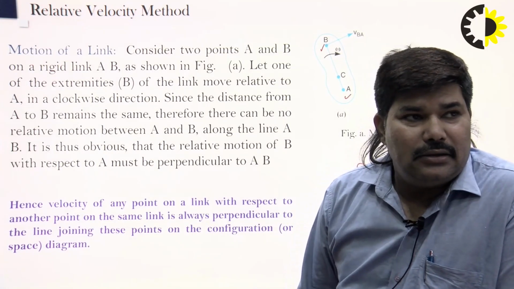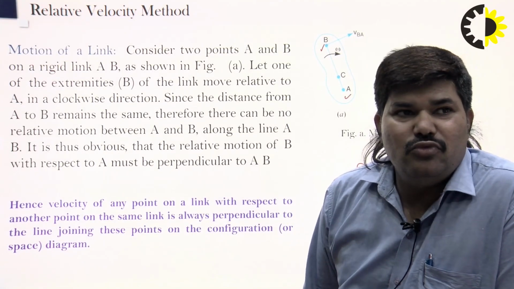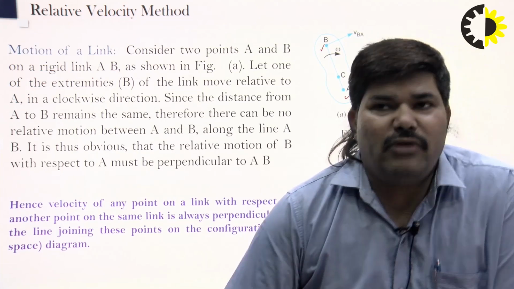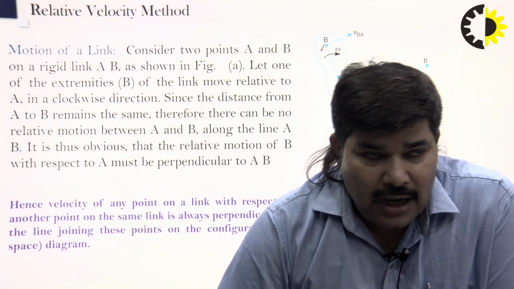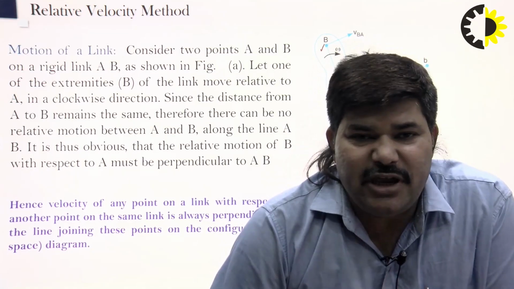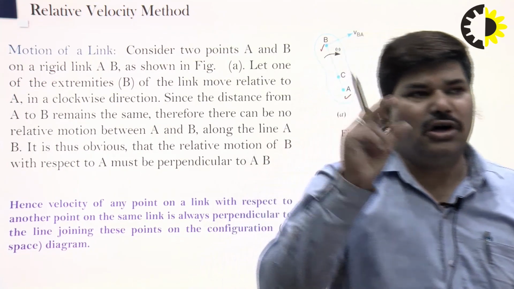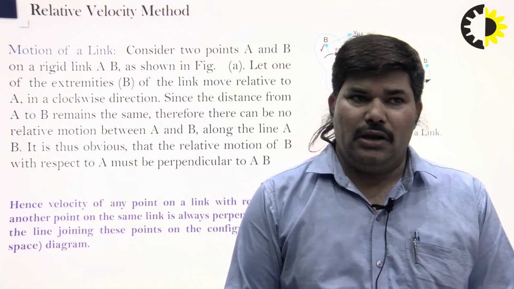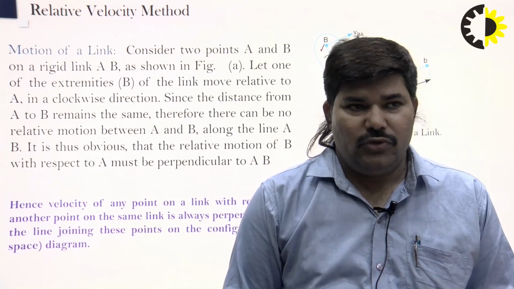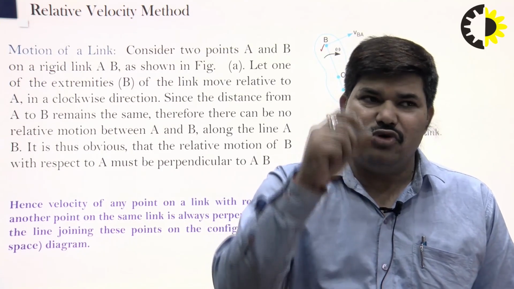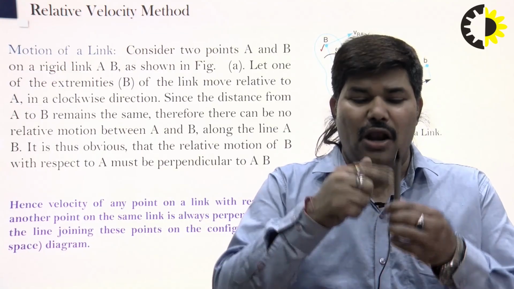Let the extremity at point B move relative to A in the clockwise direction. Since the distance from A to B remains constant, there can be no relative motion between A and B along the line.